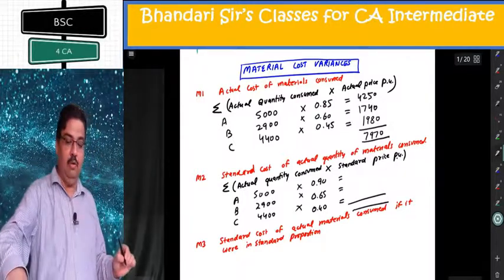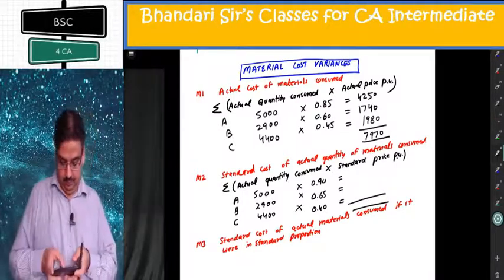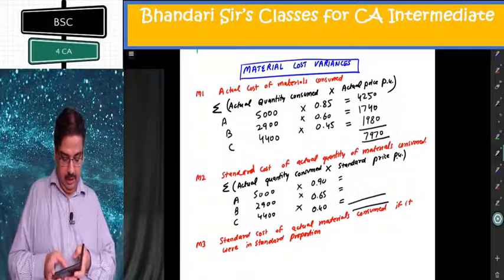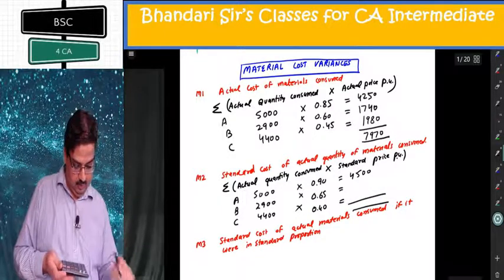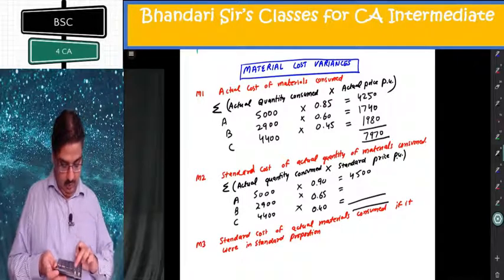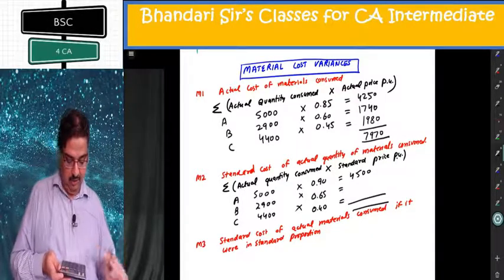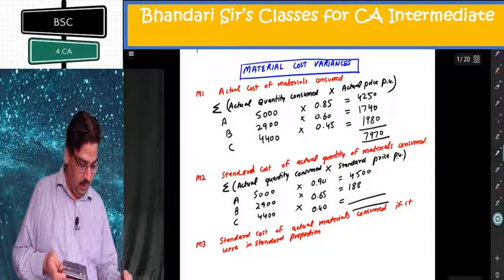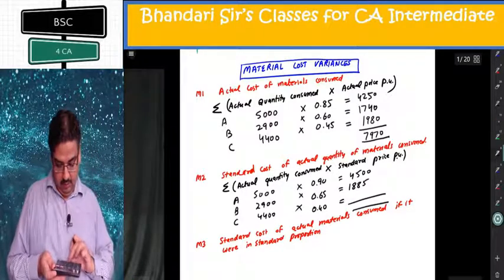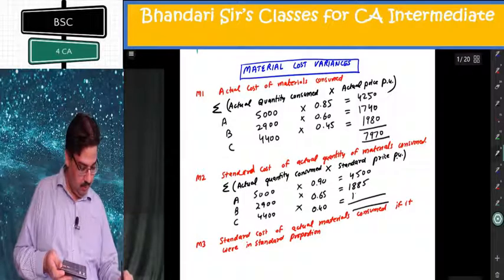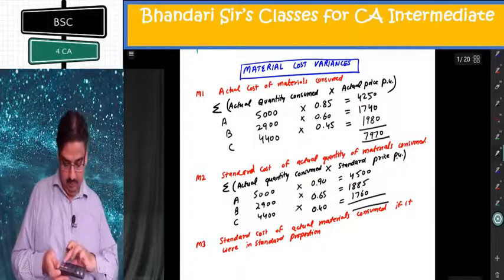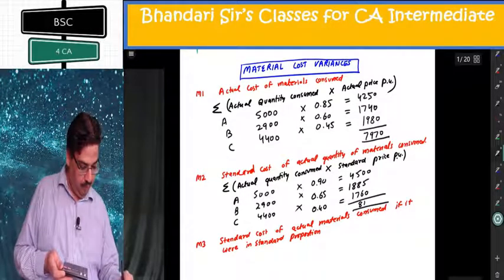Multiply and add, you will get M2. 5,000 into 0.90, 4,500. 2,900 into 0.65, 1885. 4,400 into 0.40, 1760. Total 8145.